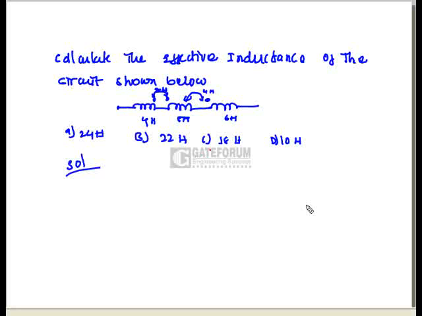So that's why between 1 and 2 inductance there is a series opposing nature. Between 2 and 3 inductance there is series aiding nature, and the formula for series opposing is L1 plus L2 minus 2M, and series aiding is L2 plus L3 plus 2M.